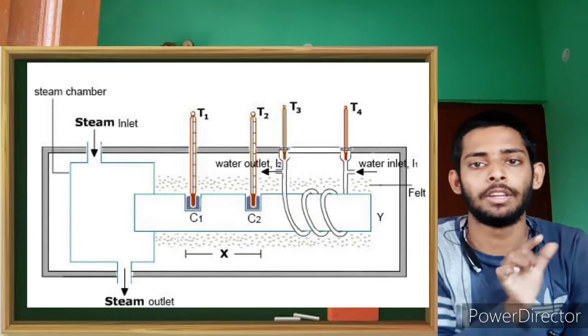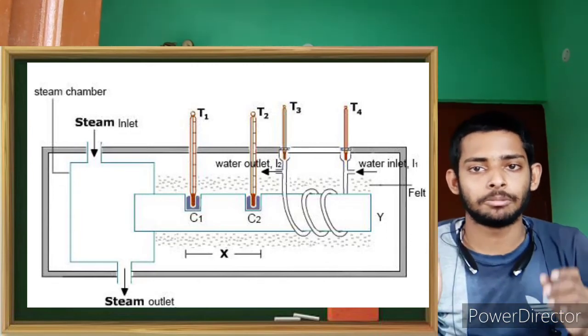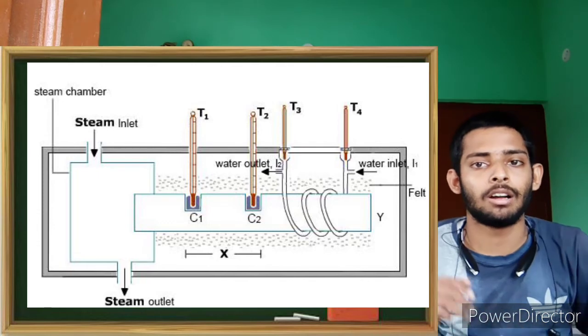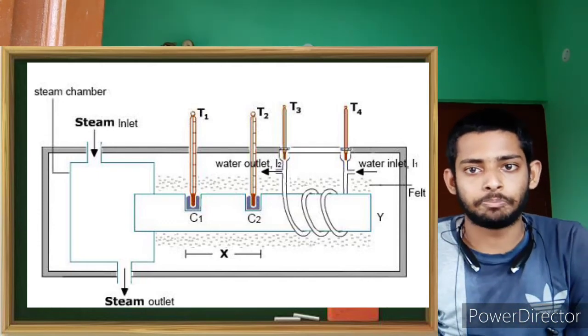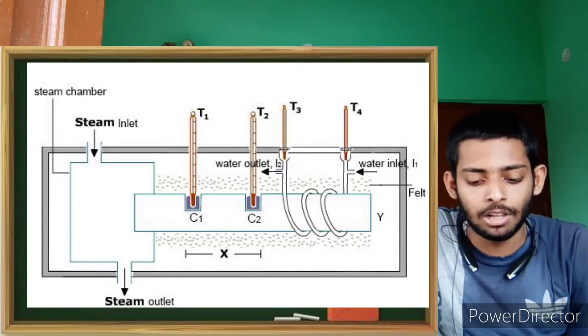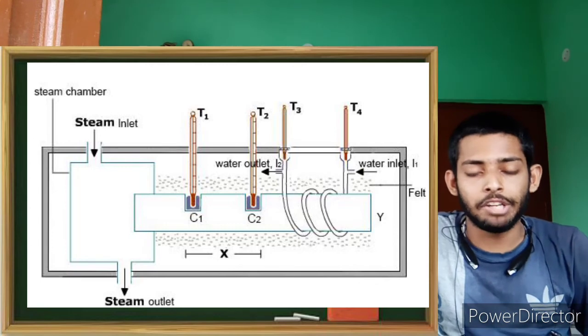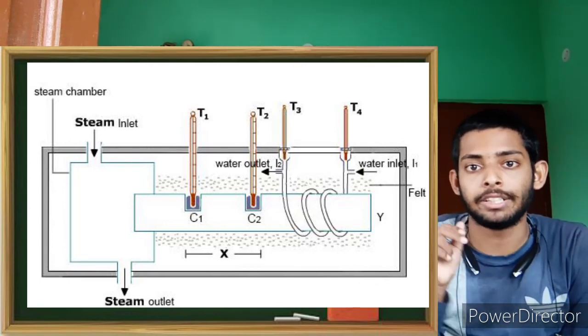From this formula we will get how much heat energy is absorbed by the water, and then we will measure the values of T1 and T2, what temperature the T1 thermometer and T2 thermometer are showing.